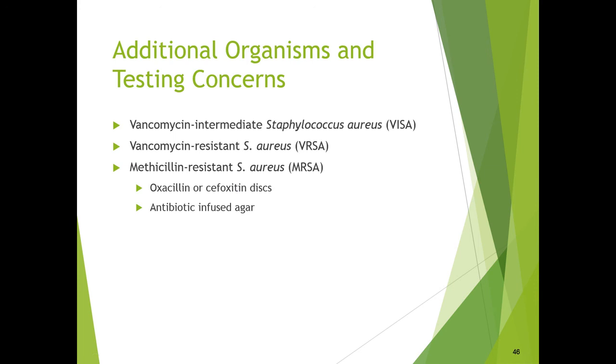We can either do a disc diffusion method where we plate the organism on our Mueller-Hinton disc and then place an oxacillin disc on that plate and measure the zone of inhibition. There's also plates that are infused with methicillin or oxacillin, and if we inoculate those plates with the organism, if it grows, it indicates it's resistant to the antibiotic in that plate.